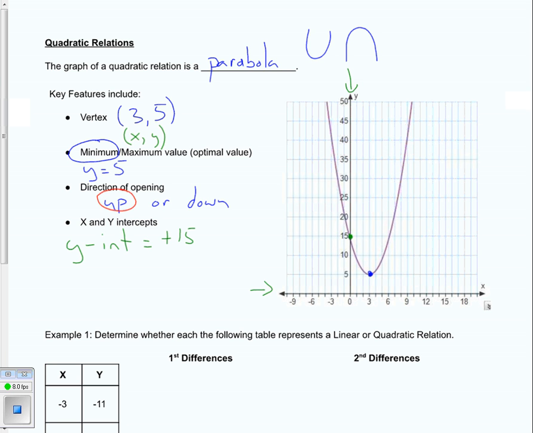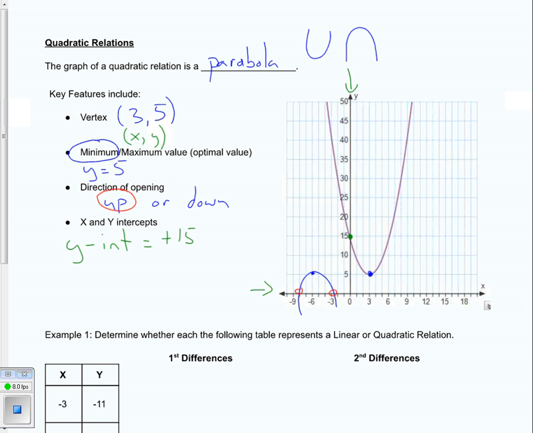You will also get situations where you will have an x-intercept, where the parabola crosses the x-axis. Let's say you had a parabola that started up here and then opened down. You would then have an x-intercept at this location and at this location.